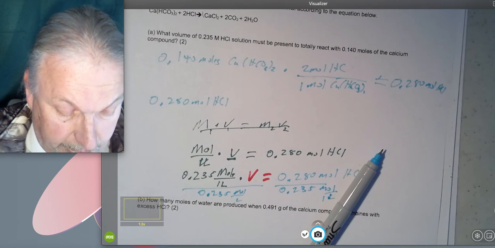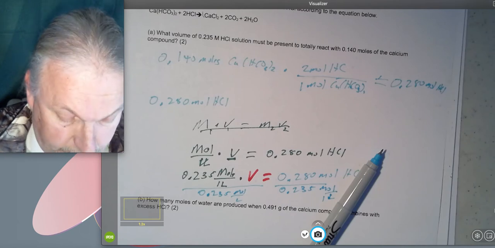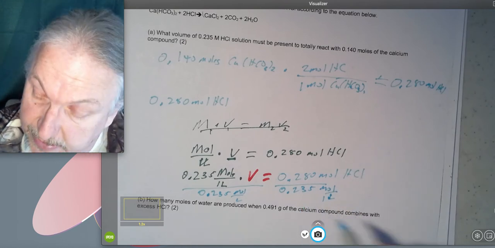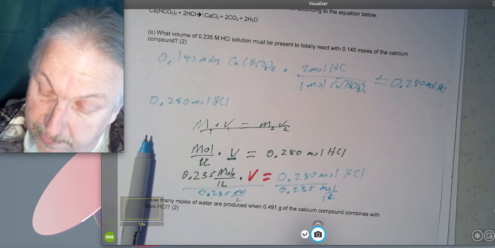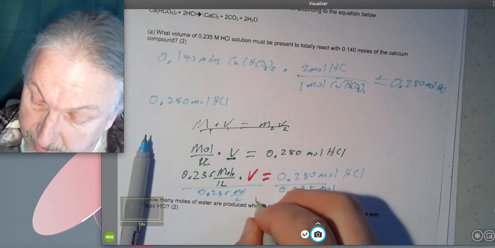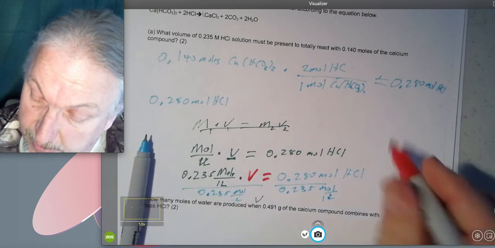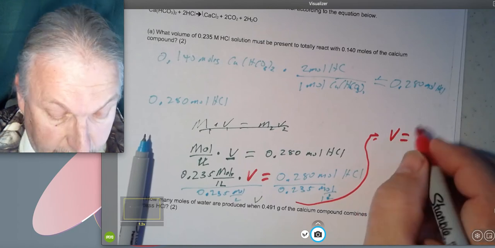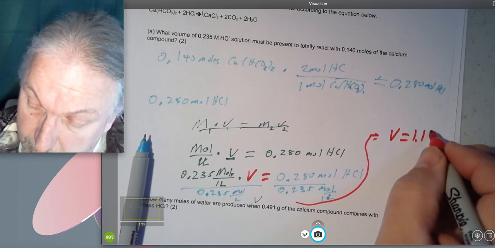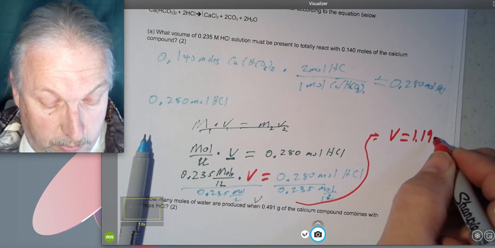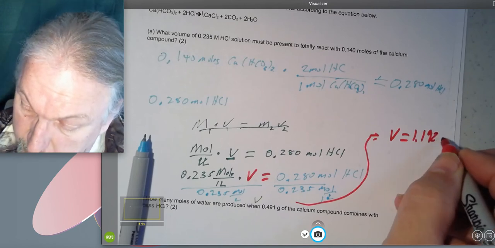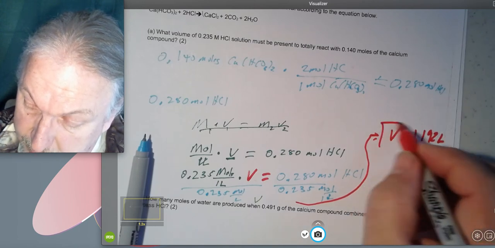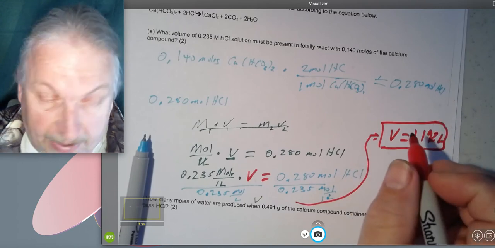0.28 divided by 0.235 is going to give me the amount of liters I need. If I do the math, the liters are the V. The V is going to be 1.192 liters of acid solution.